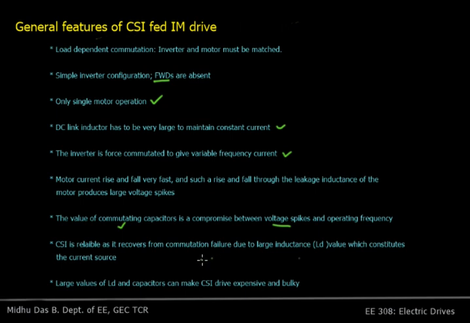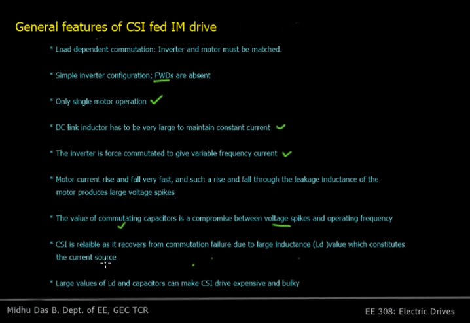But in the case of this current source inverter, the conduction of two devices in the same leg does not lead to a sudden rise of current through them, and that is because of the presence of the large inductance LD. So this allows the time for commutation to take place and normal operation to get restored in subsequent cycles.